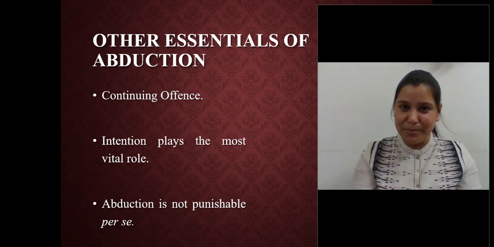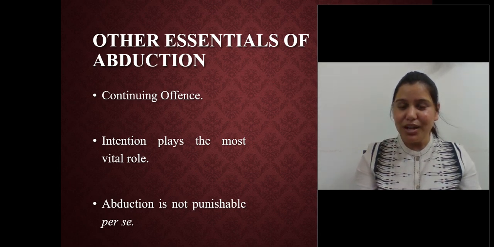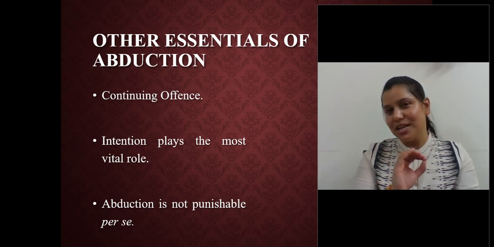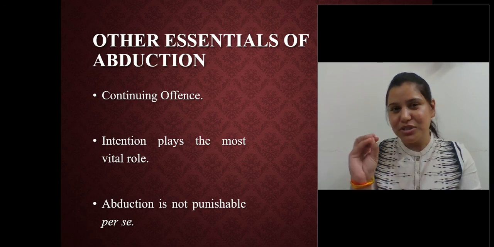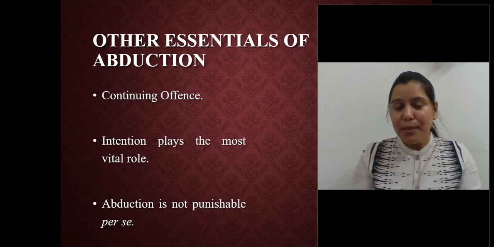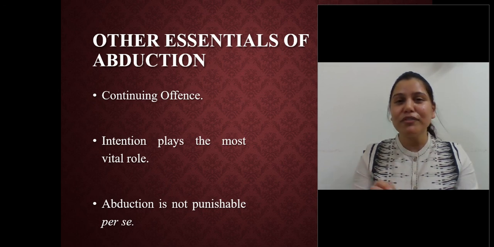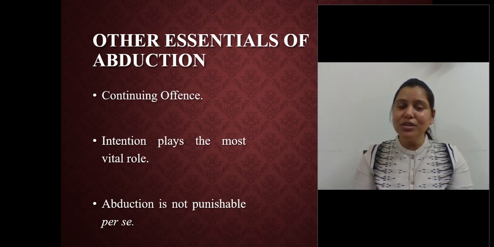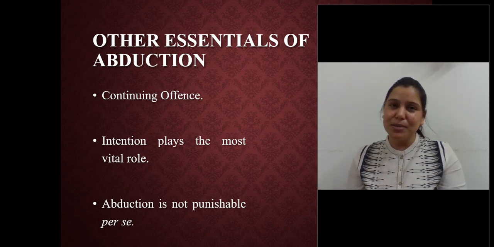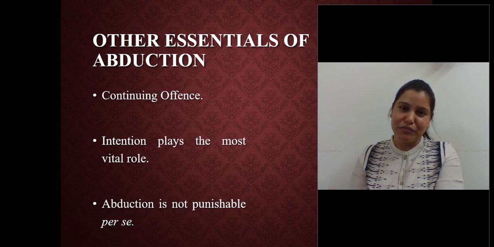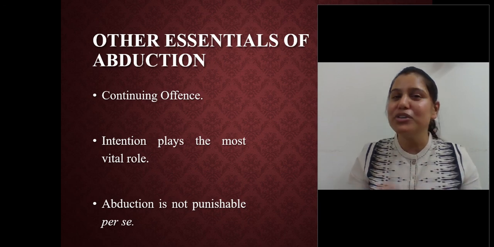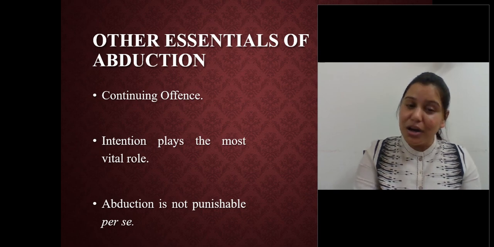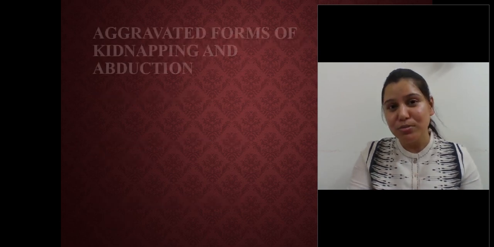In the whole IPC, you will not find, as we have seen in kidnapping, simply the definition or simply the punishment being given. Under the whole IPC, you will not find any specific punishment just for abduction. Abduction has to be combined with some other offense, only then it becomes an offense. So it is not a punishable offense in itself. It has to be combined with some other offenses to become a punishable offense.